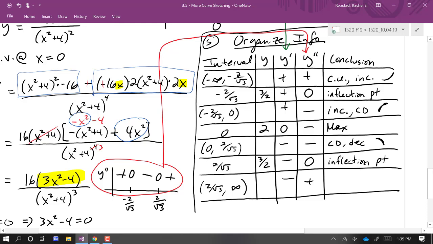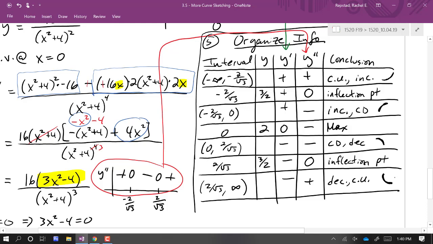And last. Let's take them one at a time. First derivative's negative. What does that mean? Decreasing. Second derivative's positive. Concave up. Good. So decreasing concave up looks kind of like that.